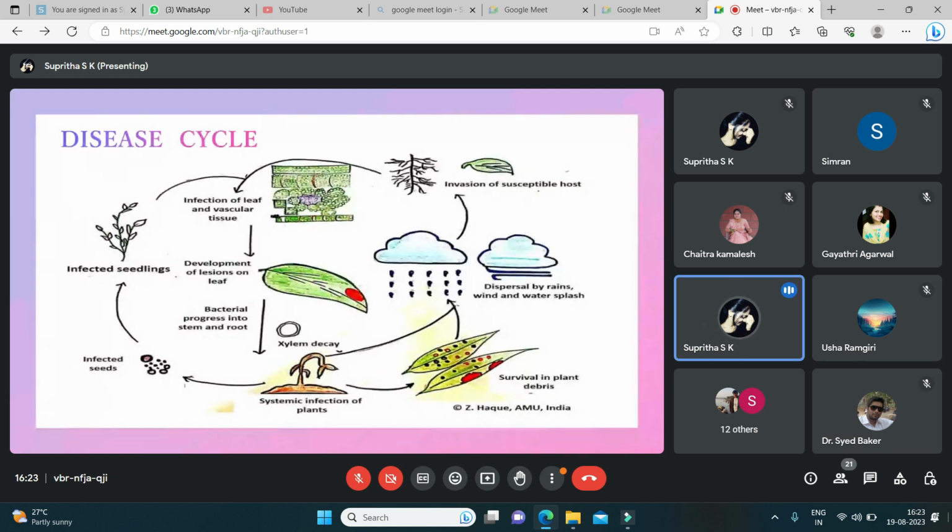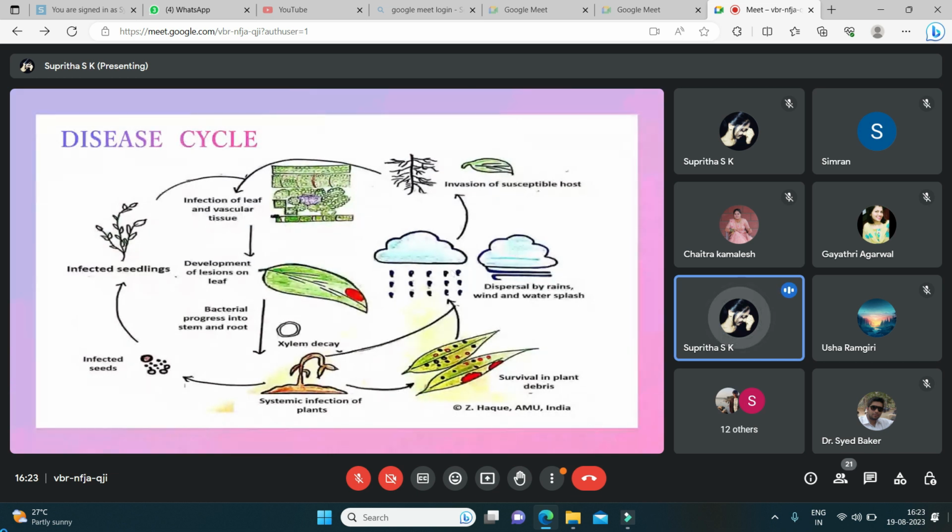When there is rain or through water, the bacteria will be transferred from the diseased plant to the healthy plant. Okay, this is how it will again affect when it is transferred.